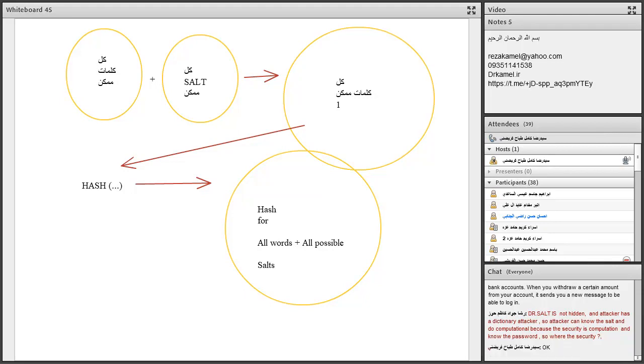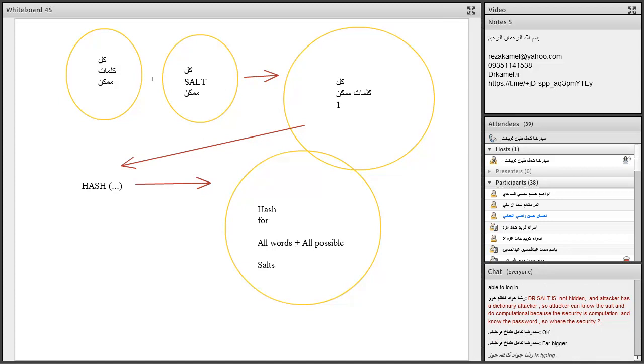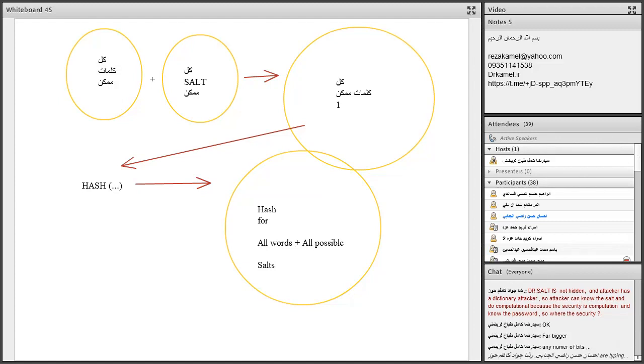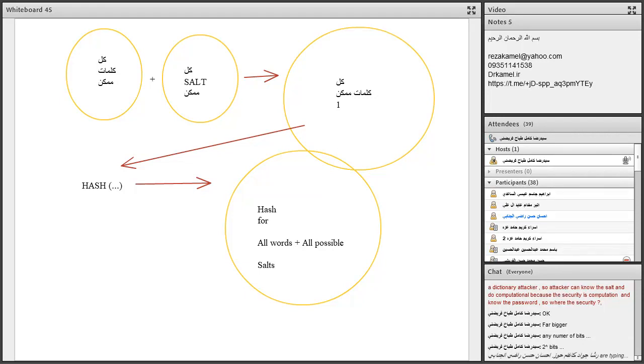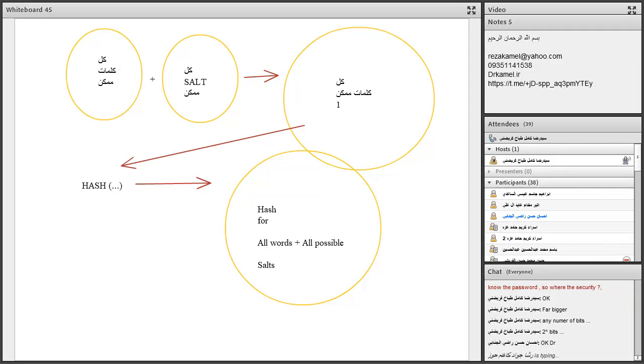It is possible, but the search space is far bigger, because for any number of bits, 2 to the power of those bits, the dictionary is getting bigger. Did you get that? It's a far bigger space, but it's possible.